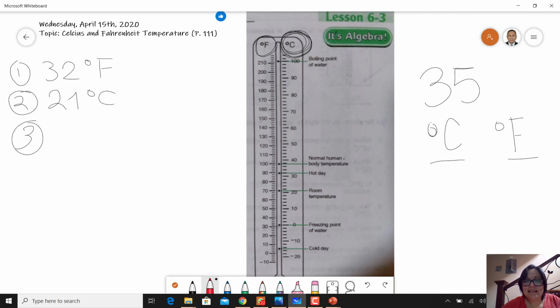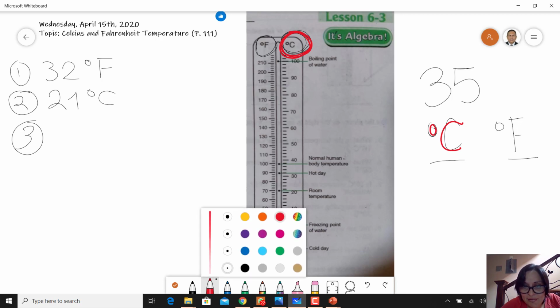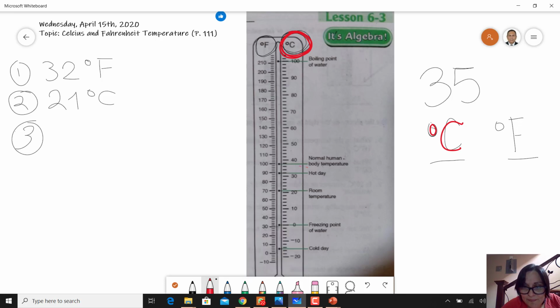If we say that it is 35 Celsius degrees, let's find where we have 35. We have Celsius degrees in here, and 35 is going to be by here, more or less. But looking at Celsius degrees, more than 30, we are going to have what? A hot day. So it cannot be 35 Celsius degrees.